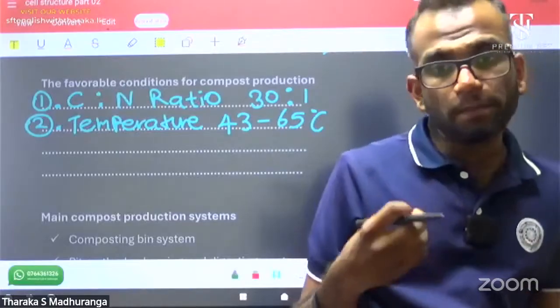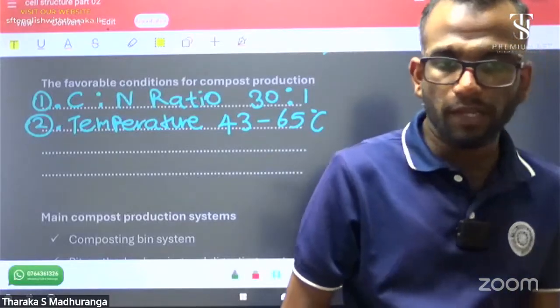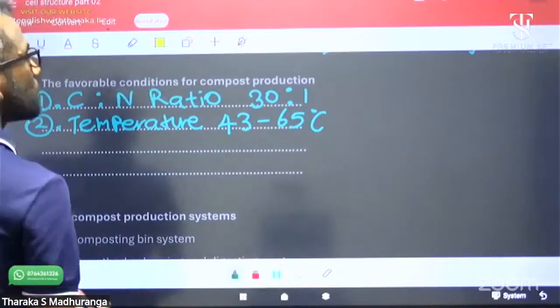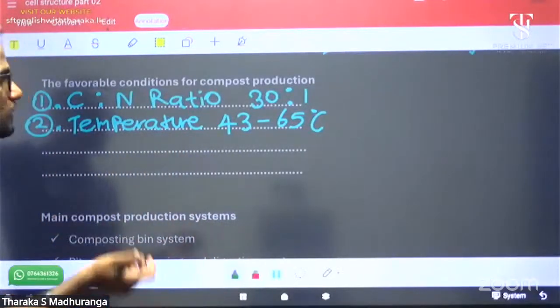Around 50 is perfect for this microbial activation. Right? Temperature 43 to 65 Celsius.